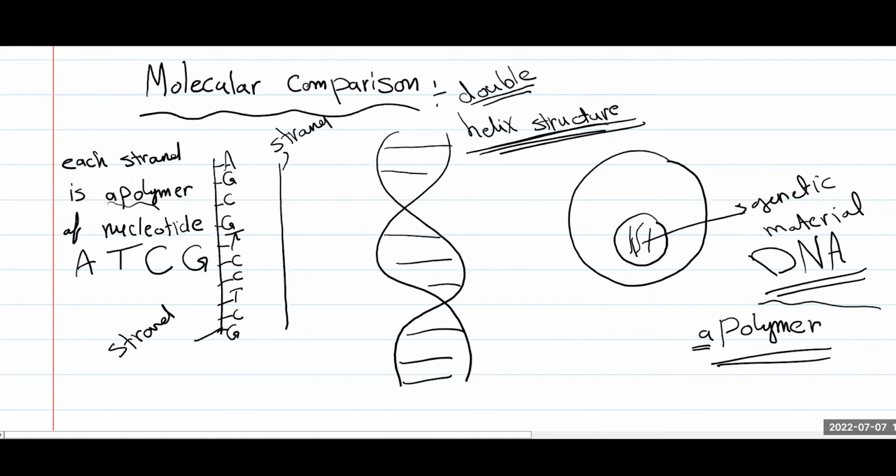Double because it has two strands. Each strand is a polymer of nucleotides A, T, C, G. These two strands will pair up together to make the structure of the ladder. But how will they pair up together? There is a complementary base pairing rule.